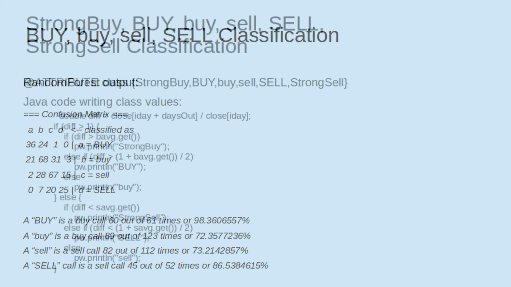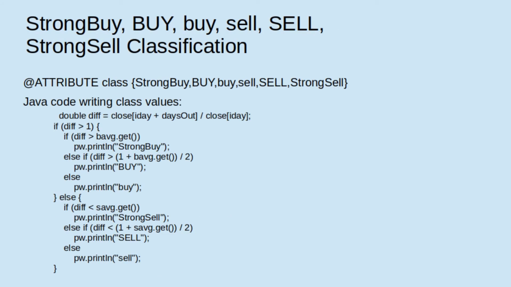So let's take it one step further. In this case, we're going to have a strong buy, a capital buy, a small buy, a capital sell, and a strong sell. And in this case, the part of the Java code that writes out the class values is going to test the difference of the number of days out divided by the current day.